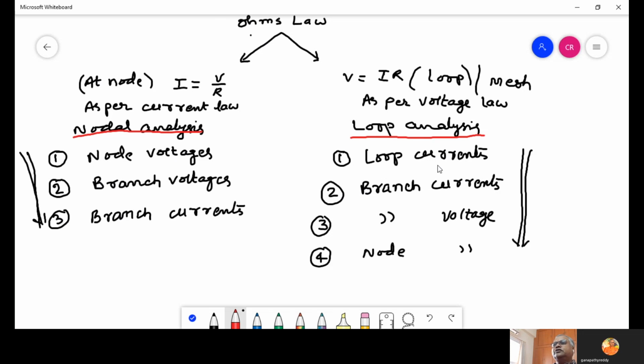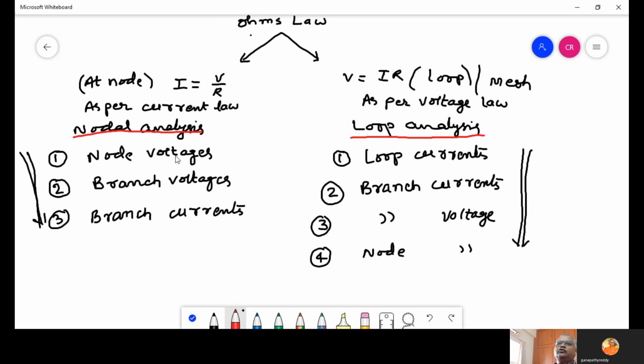To find currents, loop or branch, prefer loop analysis. If you use node voltage, then branch voltage, then you have to find the branch current. If you use loop analysis, then loop current, branch voltage, and lastly you get a node voltage.